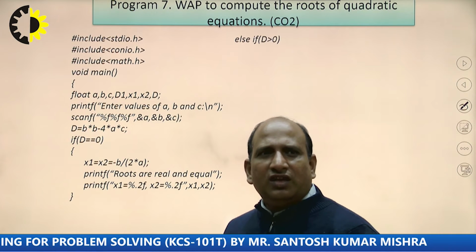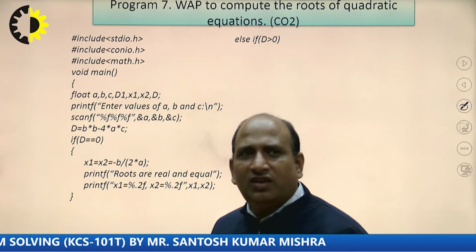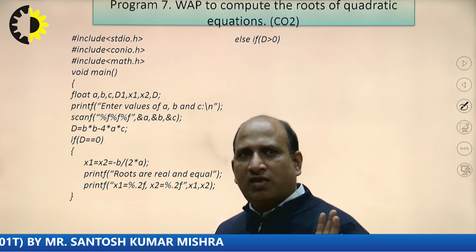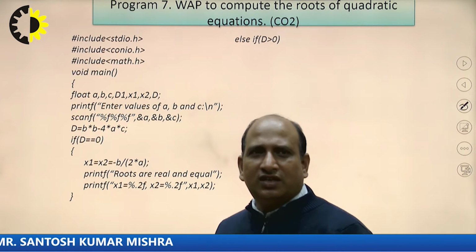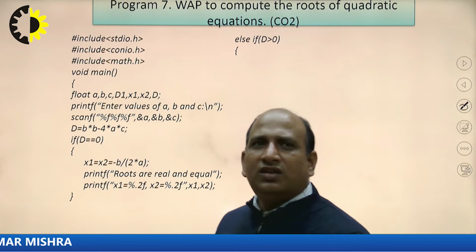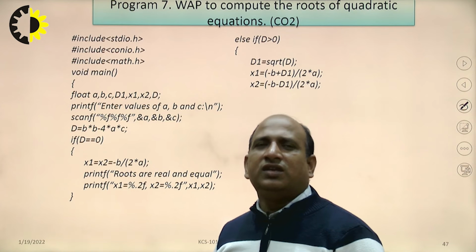Otherwise, else if, here the condition will be checked only when the first condition, d equals 0, evaluates false. Then we will move to the next condition: otherwise, if d is greater than 0, then two different roots will be evaluated as x1 and x2.